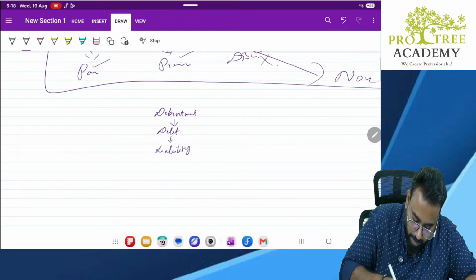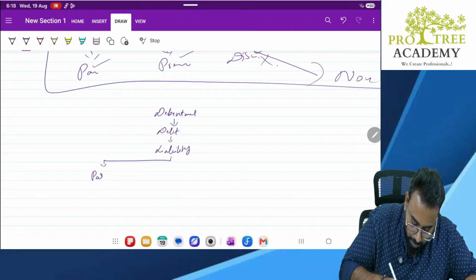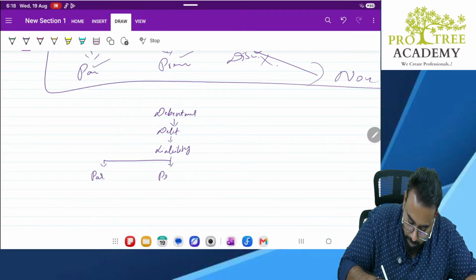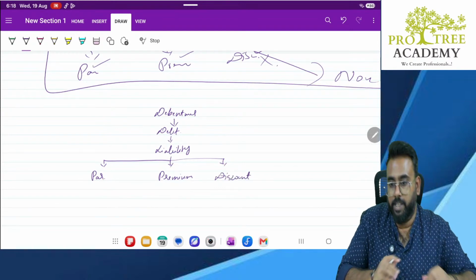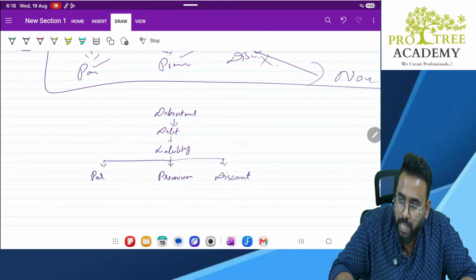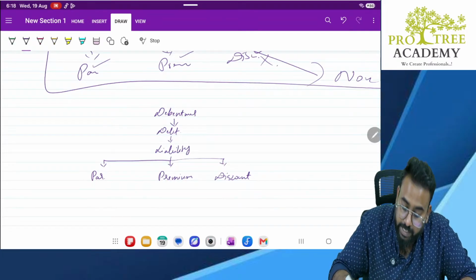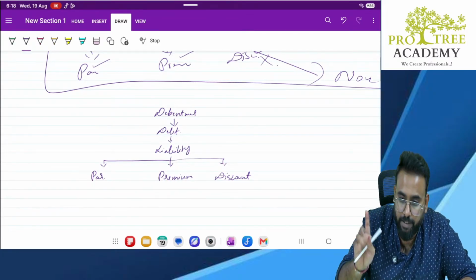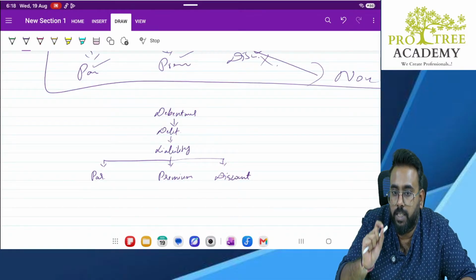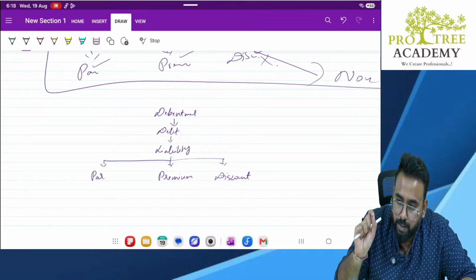And this debentures can be issued at par, premium, and discount. Equity shares cannot be issued at discount, but debentures can be issued at discount. Equity shares can also be issued at discount only on reissue of forfeited equity shares, and that too the discount is restricted only up to the forfeited value.